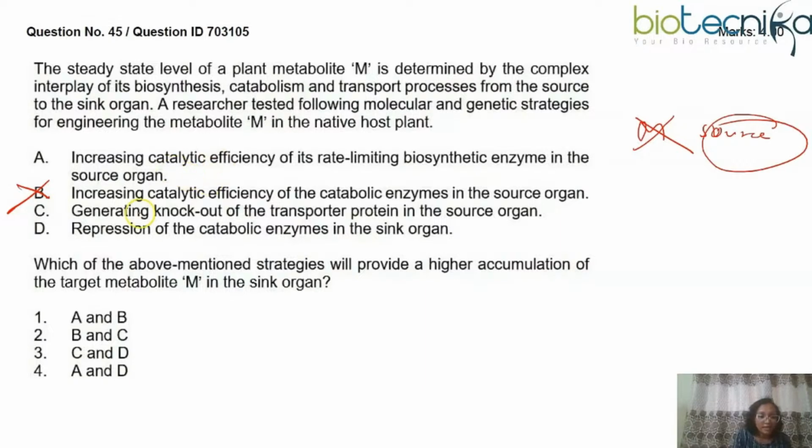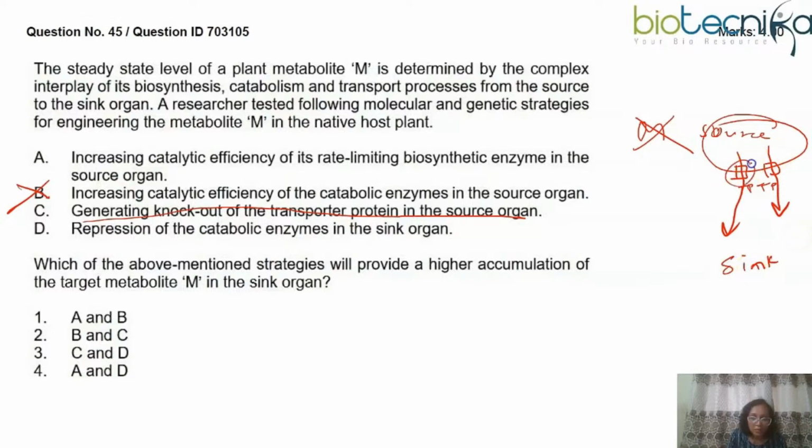Third, generating knockout of the transporter protein in the source organ. Now, on the source cells, there are these transporter proteins which are allowing the exit of the metabolite into the vasculature, into the vascular bundle, and that's how it is carried to the sink.